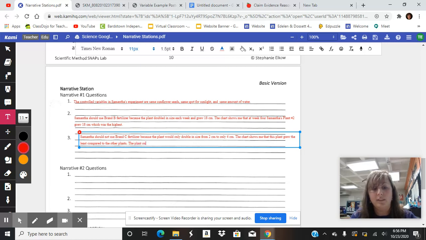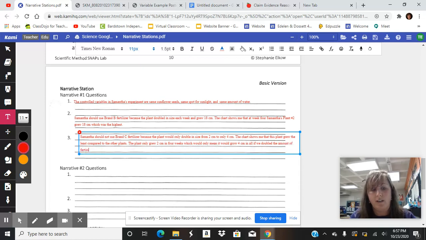The plant only grew 2 centimeters in 4 weeks, which would only mean it would grow 4 centimeters in all if we doubled the amount of fertilizer. Okay, so you can tell that I proved my answer with evidence from the chart. You're going to do that as well.